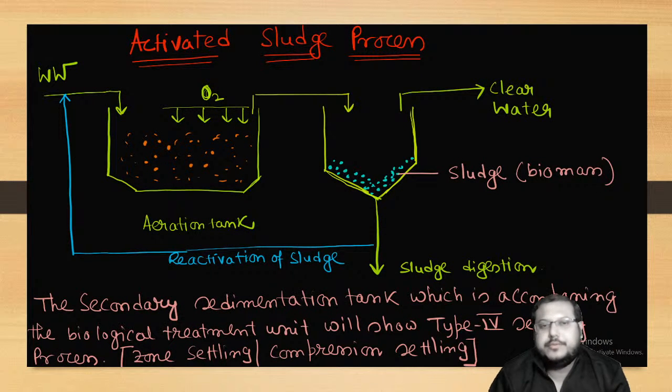In the activated sludge process, what we are doing is putting the microorganisms in a tank called the aeration tank, supplying oxygen. After a certain time, the whole water will be transferred to a secondary sedimentation tank, from where you are going to get the biomass or sludge, and a certain portion of the sludge will be reactivated once again.